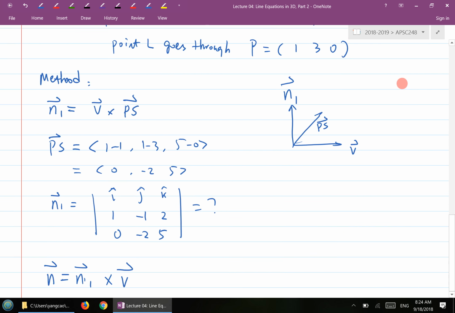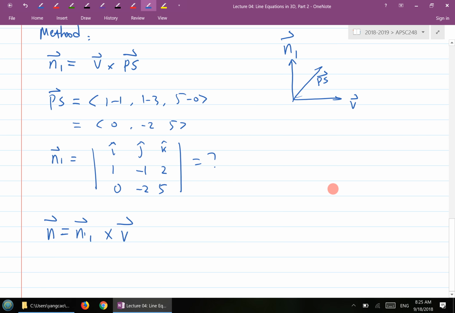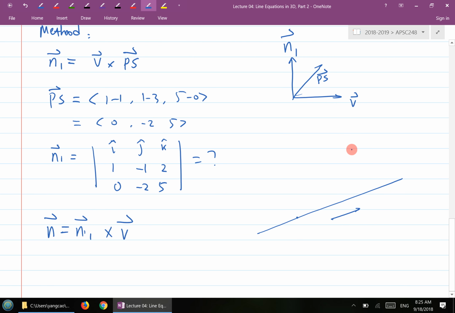I wish I had a better way of illustrating, so let me try it again here.